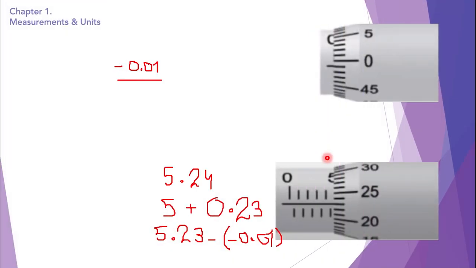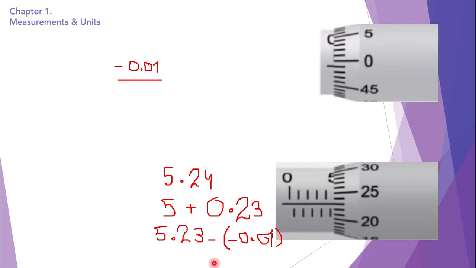And we will just basically count the markings from the fractional scale 0 to the main scale 0. If it is a negative zero error, we count it backwards. If it is a positive one, we count it the right way. Then we correct the reading of such a micrometer screw gauge by minusing the zero error from it.